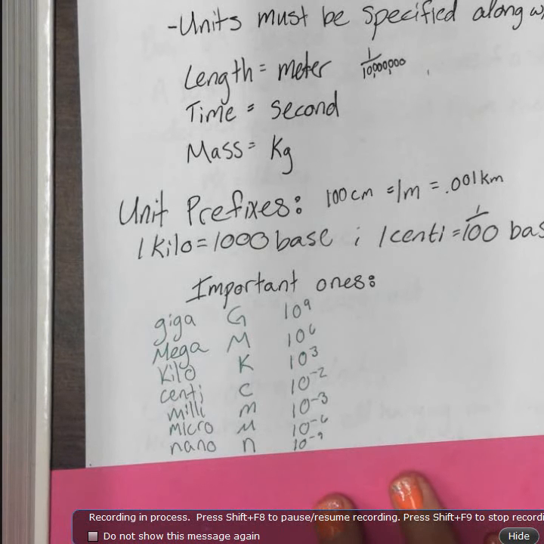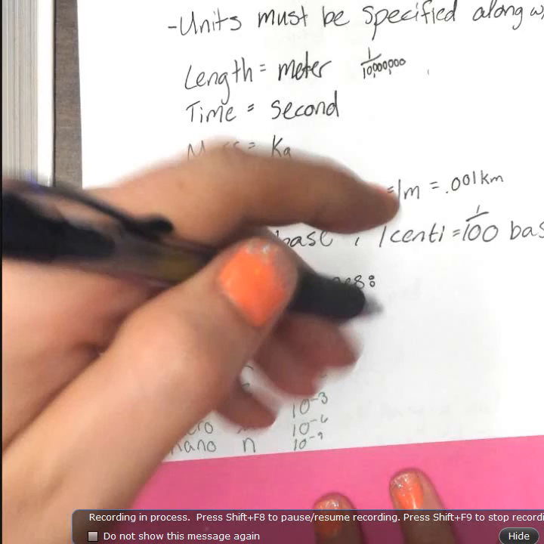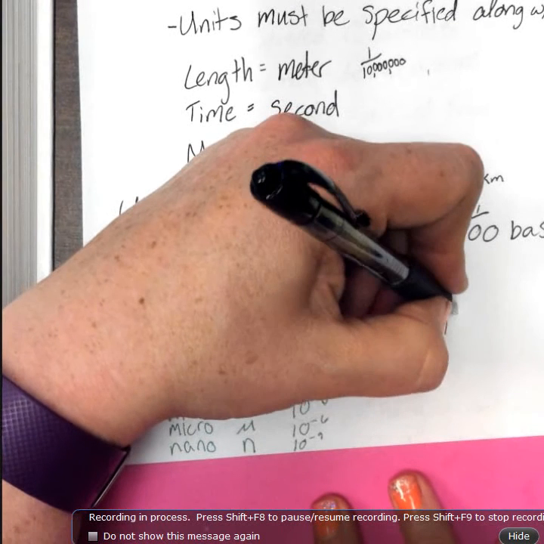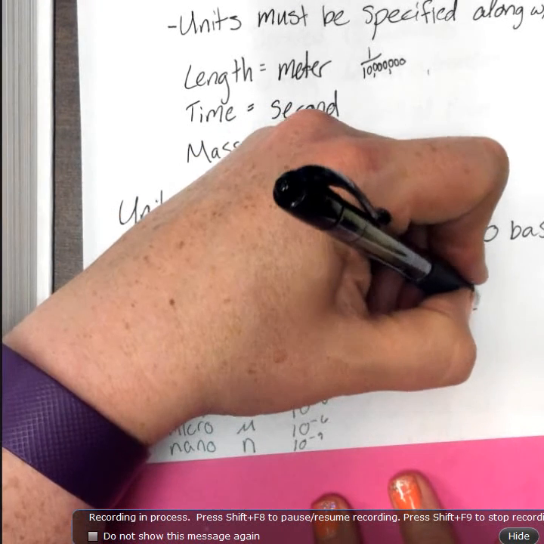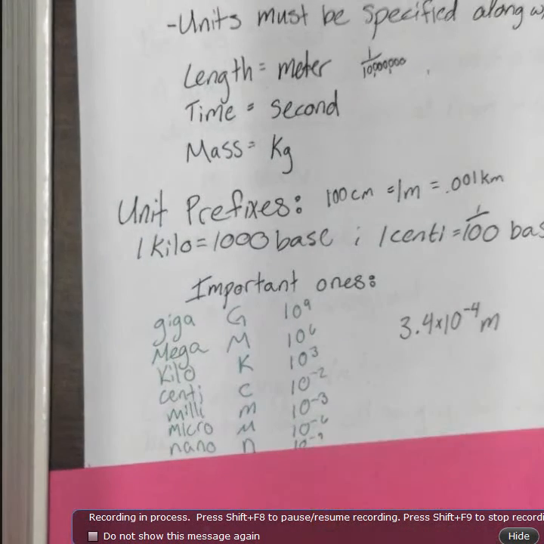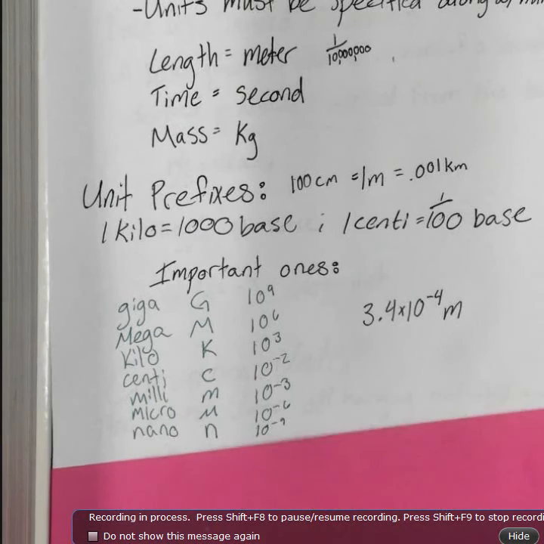Alright, so let's say I have a value 3.4 times 10 to the negative 4th meters. And I want to display that in terms of millimeters.